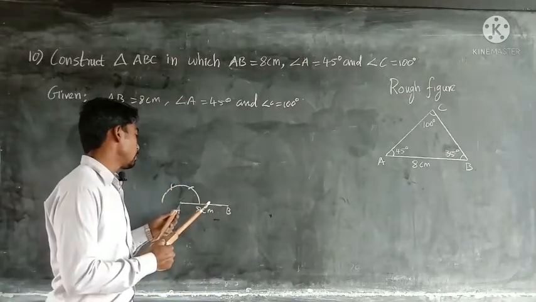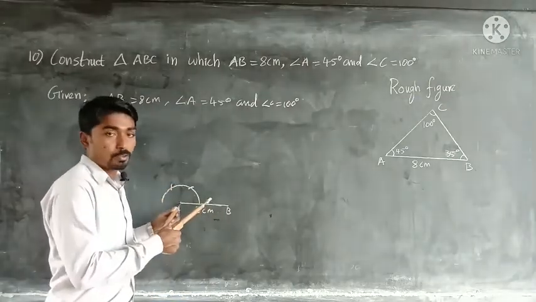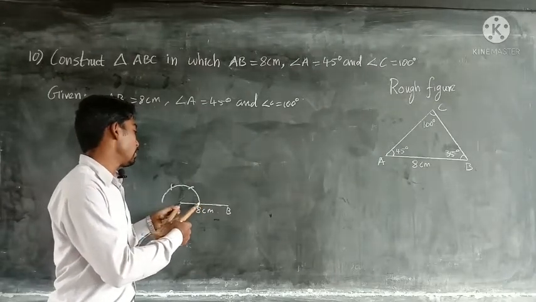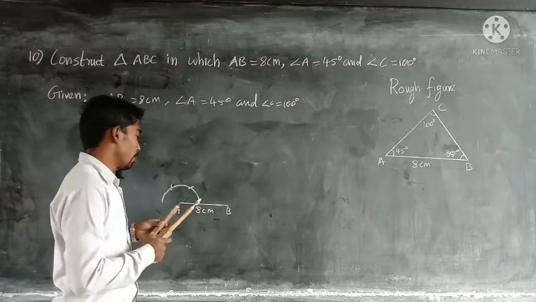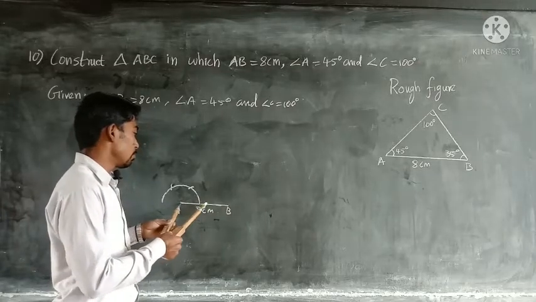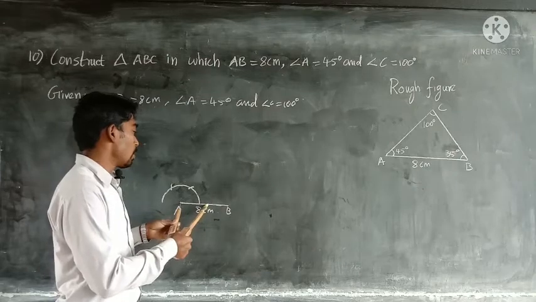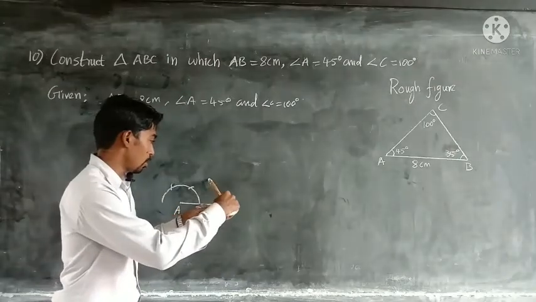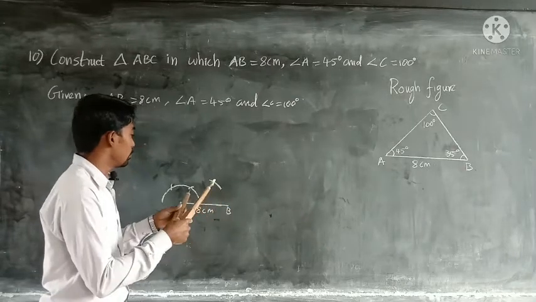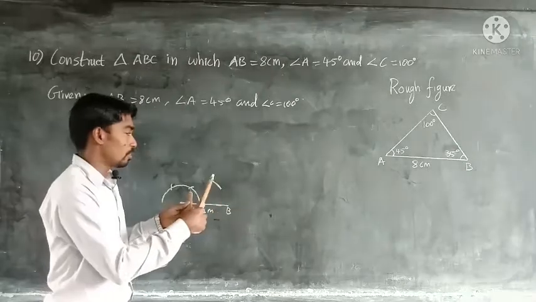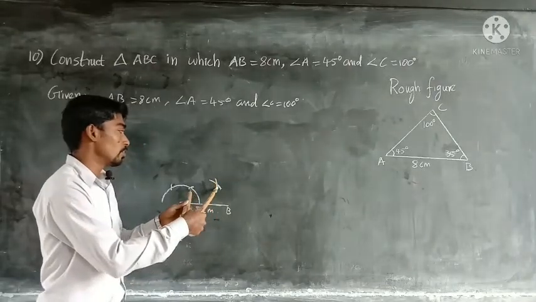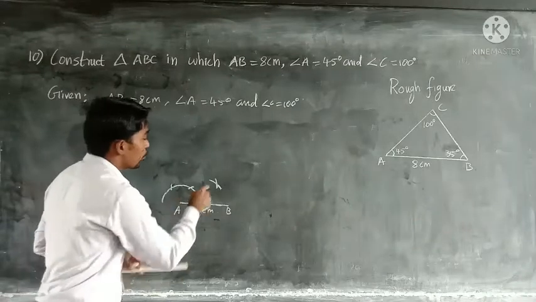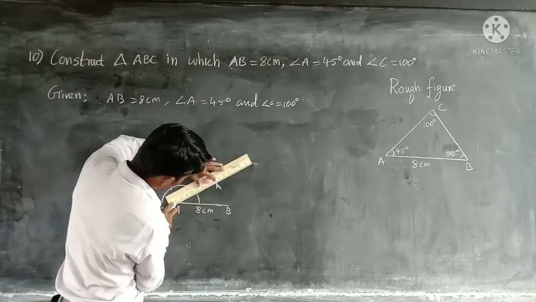Now we are going to find 45 degree. To find 45 degree, we need to find 30 degree first. Now you take more than half of the radius by using compass and keep this point as a center and draw an arc, and keep this point as a center and cut this arc. Now join these 2 points with the dotted lines.